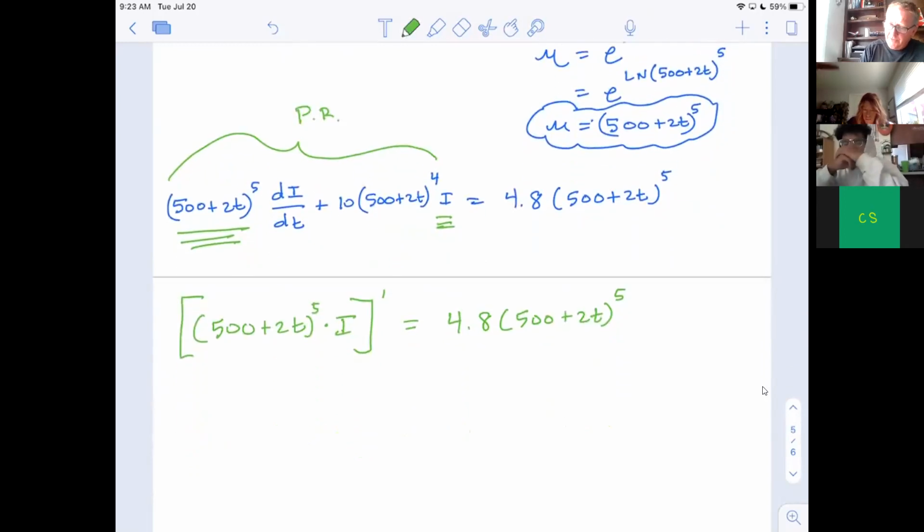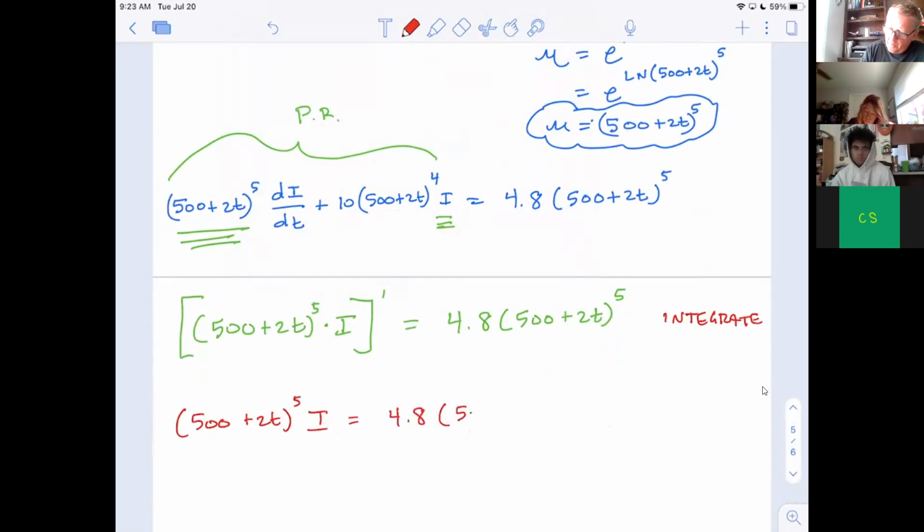And now I need to integrate both sides. In the interest of time, I'm going to do this a little less formally and get it done a little faster. So 500 plus 2t to the fifth times I equals the integral of that side. The integral of junk is raise the power of the junk up to 6 and then divide by 6.